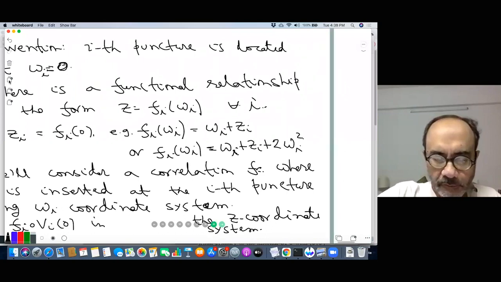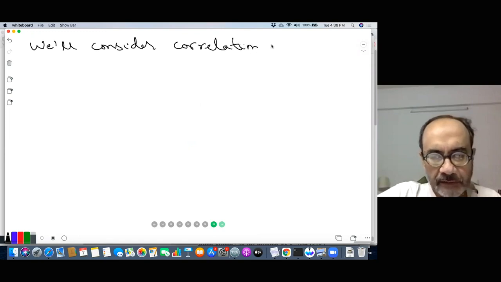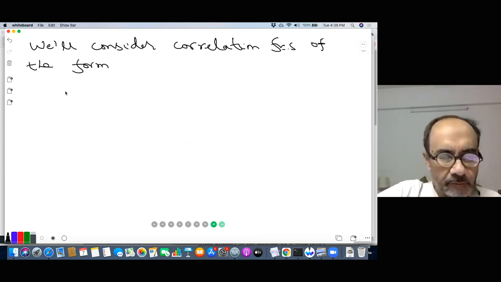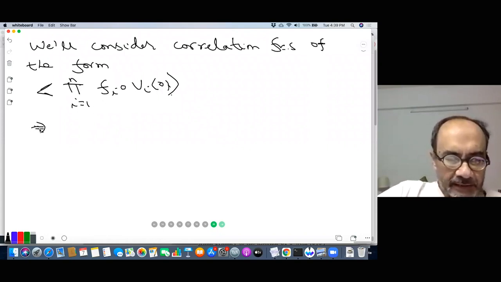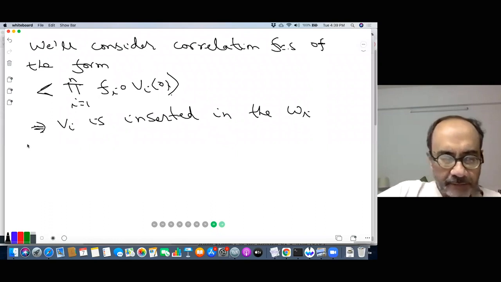Okay. So we'll consider the correlation functions of the form... Let me emphasize again, this is in the Z coordinate I've written, but this basically means that Vi is inserted in the Wi coordinate system.